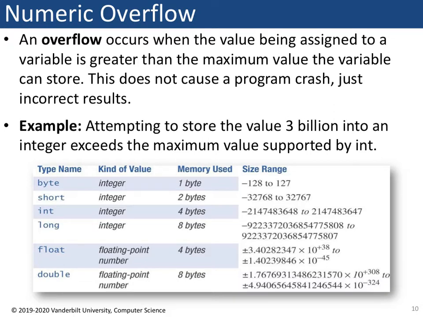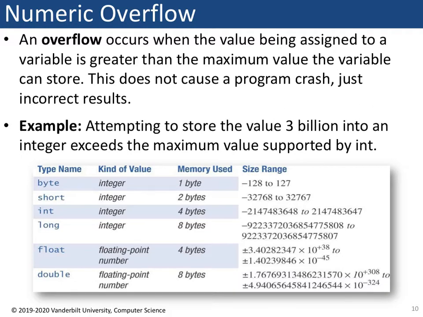Another example of this would be attempting to store the value 3 billion into an integer. An integer can hold 2,147,483,647. 3 billion is in excess of that number. Therefore, 3 billion would cause an overflow if you attempted to store it into a variable of integer type.